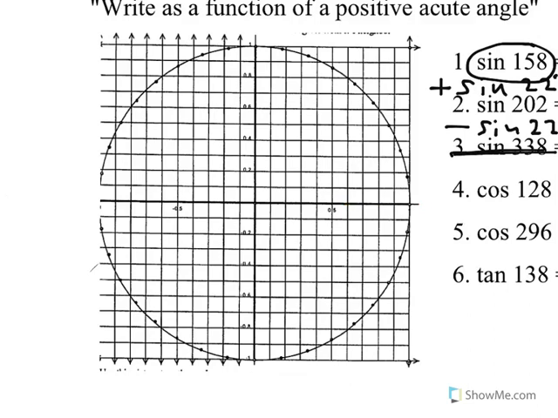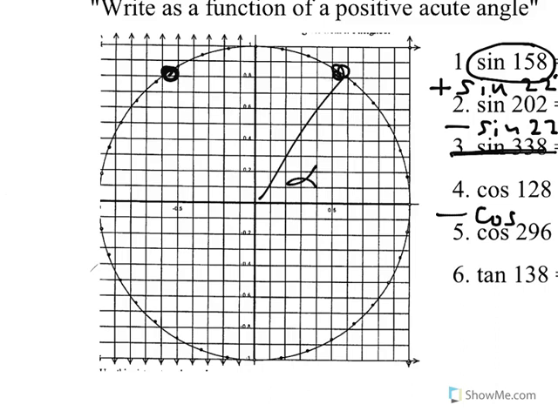So this one's asking about cosine of 128. 128, here's 90, 100, 110, 120, so it's somewhere over here. So cosine of 128 is definitely negative because now we're talking x-coordinate. And it's related to some reference angle. The reference angle is over here somewhere.